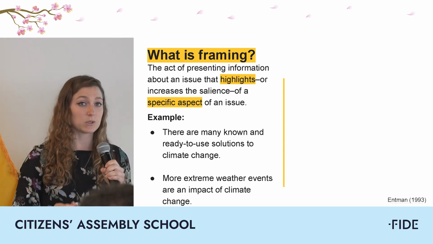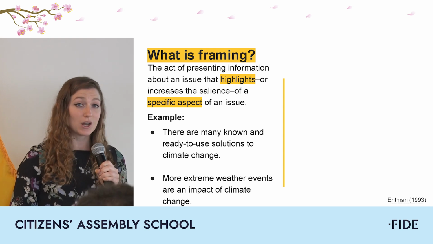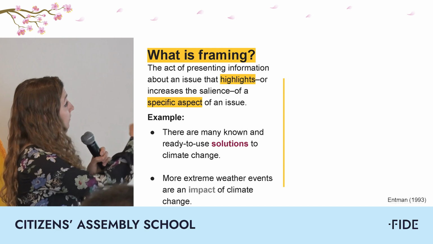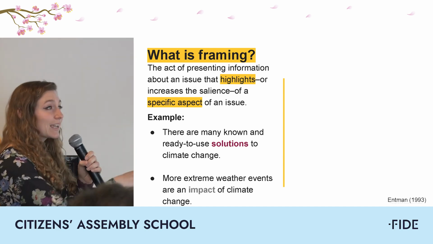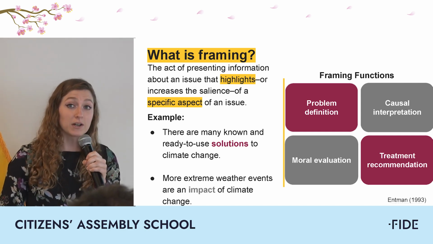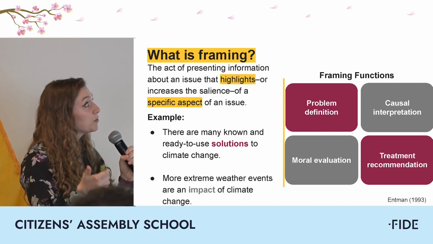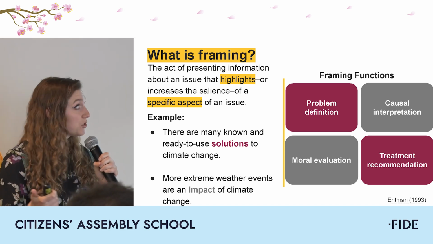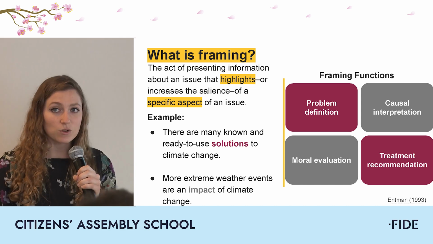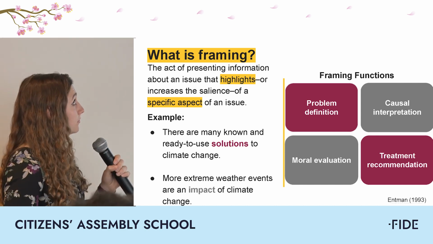Both of these statements are absolutely accurate about climate change, but they communicate different components of the climate change issue. The first is solutions-focused, and the second is impact-focused. And framing can have a variety of different functions. First, it helps us understand a problem definition of an issue, its causal interpretation, moral evaluation, and/or treatment recommendation.